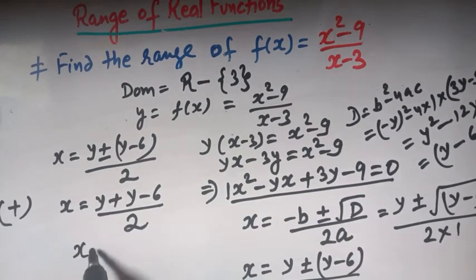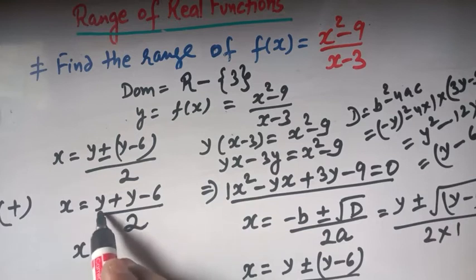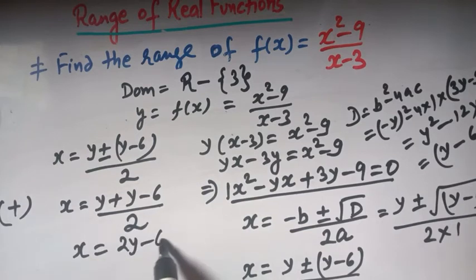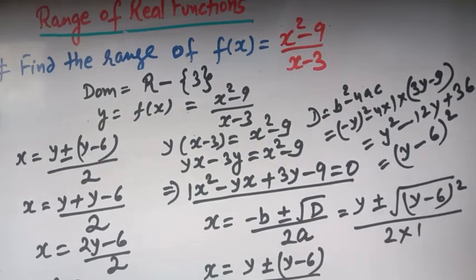So we have x is equal to (2y minus 6) over 2, and so here we have x is equal to y minus 3. Clear? So we have got x is equal to y minus 3.